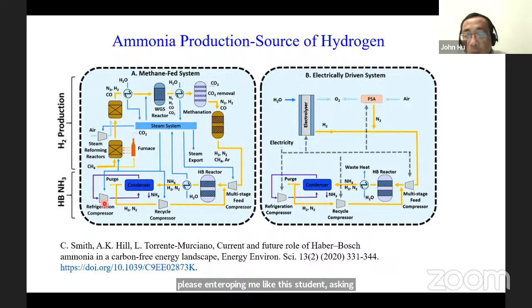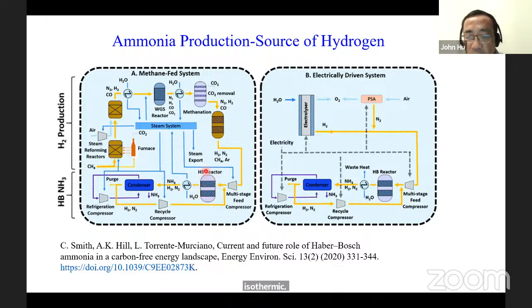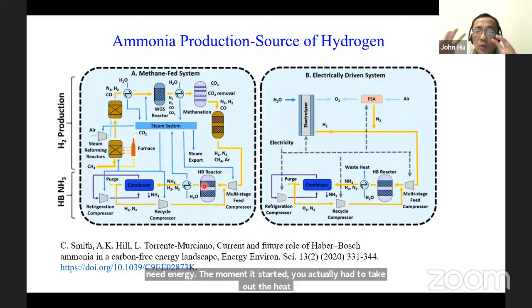So this condenser. If you look at the Haber-Bosch reactor, remember I said the Haber-Bosch process, the ammonia synthesis is exothermic. Essentially, you do not inject any energy in the Haber-Bosch reactor. Haber-Bosch doesn't need energy. The moment it starts, you actually have to take out the heat, remove the heat. So it's really a self-sustained Haber-Bosch reactor.